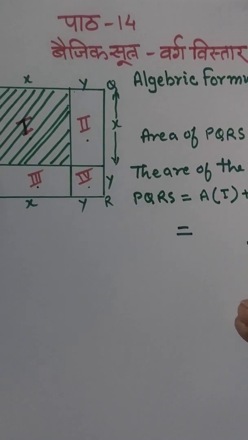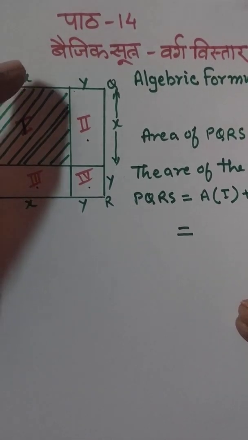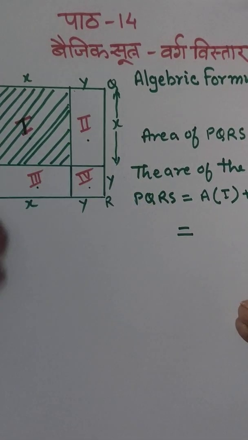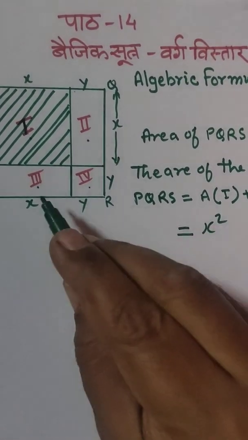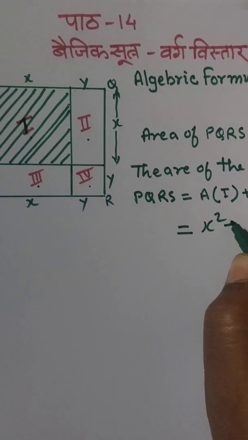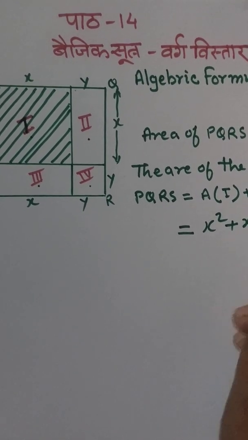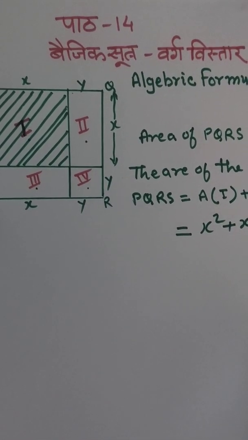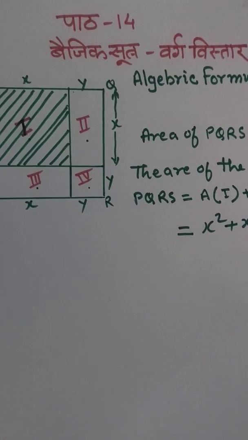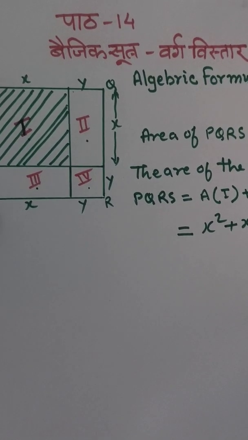This is a square because this side is x, this side is x, and this side also is x, therefore x square. Area of second is equal to x into y because this is a rectangle.